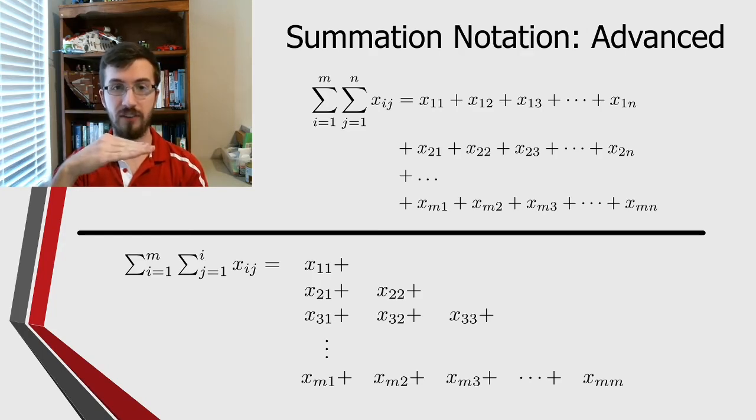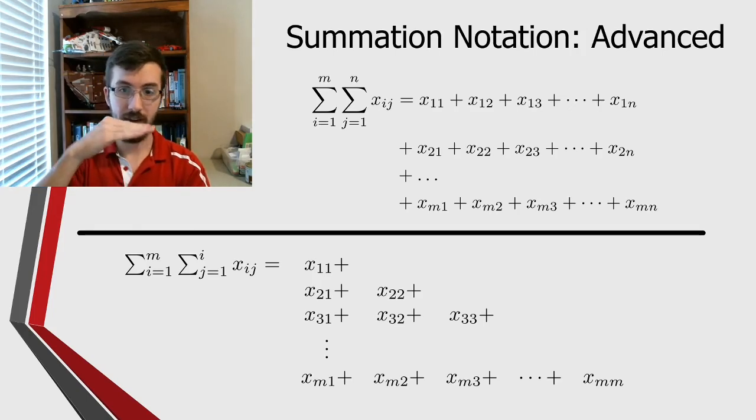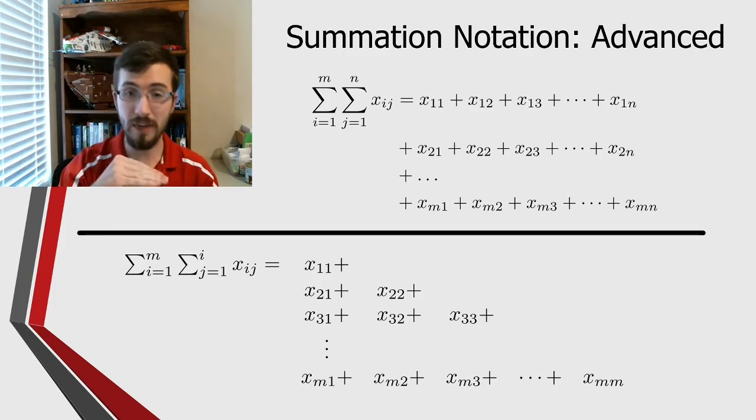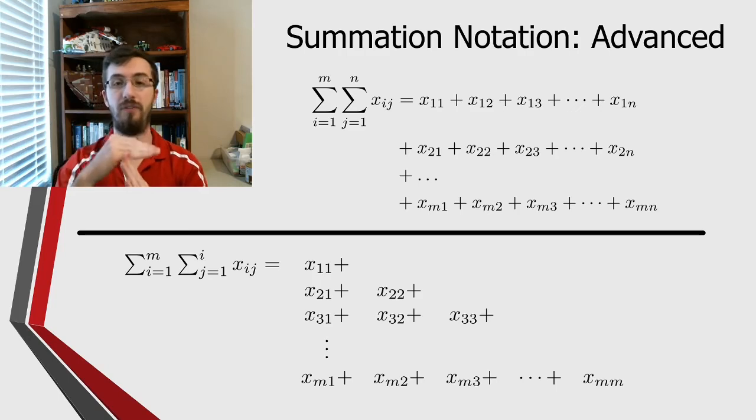But then when we go down to the next one, row 2, i is now 2. And so we can go from 1 to 2. So we can add x21 plus x22. And then so on, right? When we go to the third row, i is now 3, so j goes from 1 to 3. So x31 plus x32 plus x33.